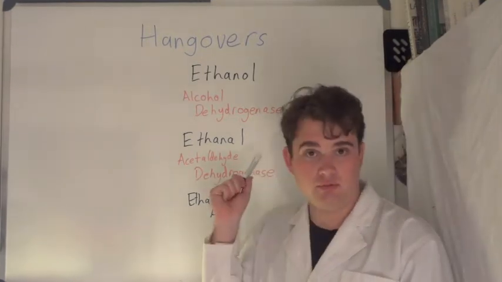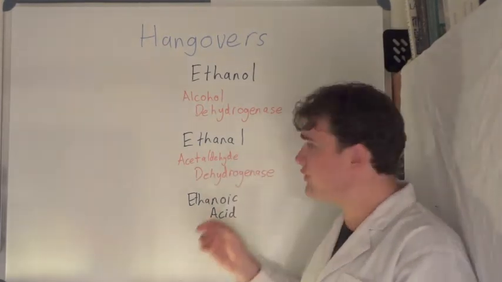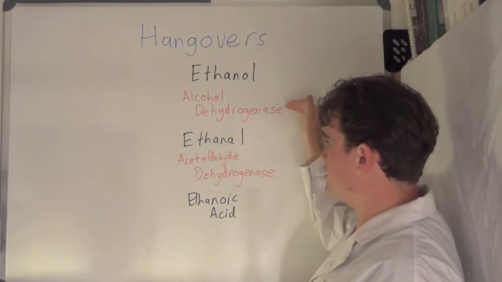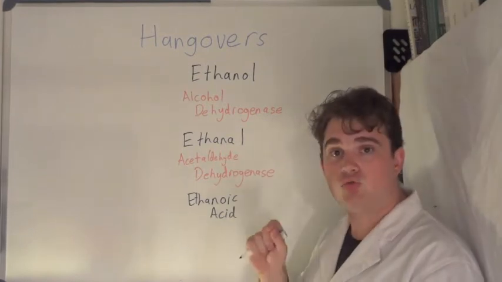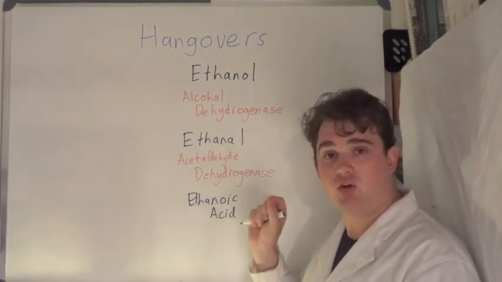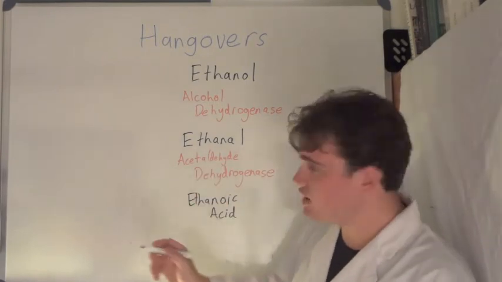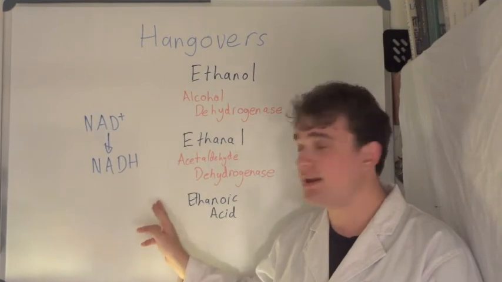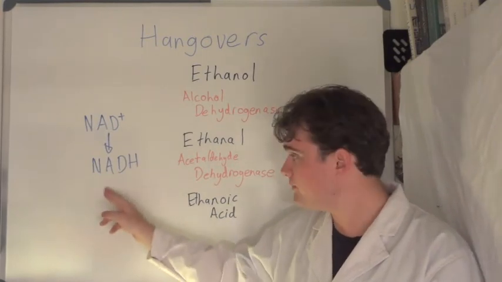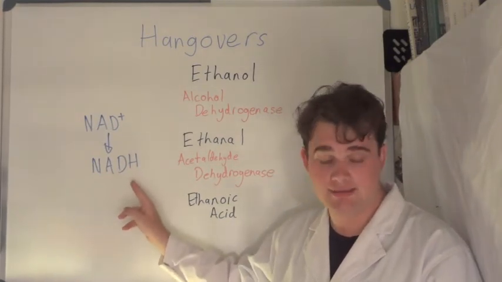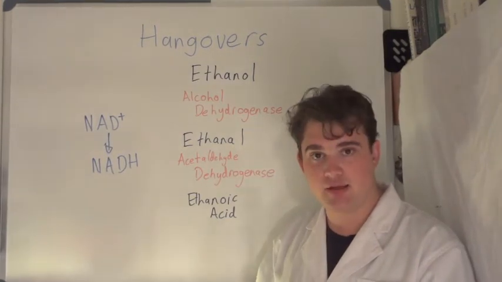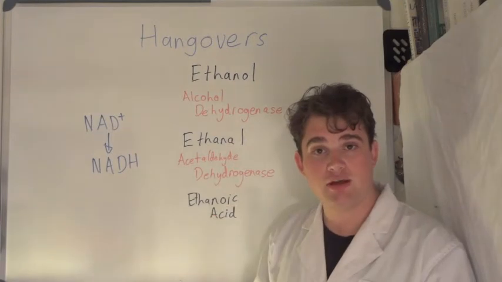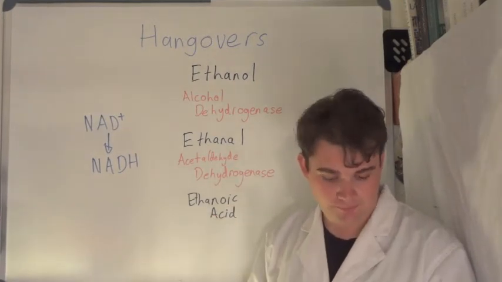water. Ethanol, or acetaldehyde, it's not the mid-step of the process that we're worried about. It's the two processes either side. Both of them require a thing in your body called NAD to be converted into NADH. Due to the fact that this happens, you end up with a lot of NADH. When you have a lot of NADH, an excess in the bloodstream, the amount of NADH reduces the effectiveness of the citric acid cycle.